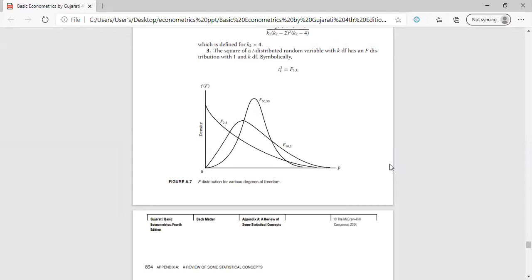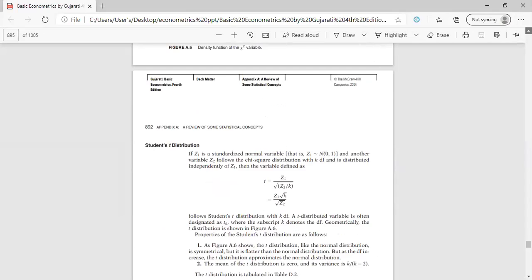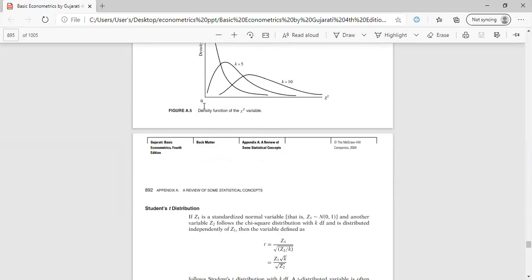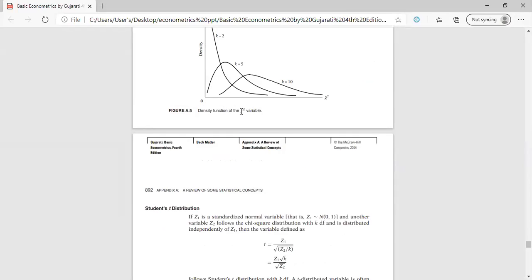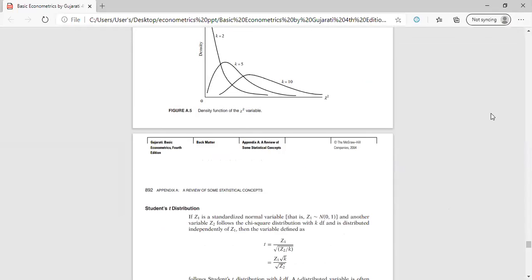What about chi-square? Chi-square is also asymmetric, starting from 0 to positive infinity. Okay, this is a chi-square distribution. So basically, we will be using three: chi-square, T, F. Chi-square is asymmetric, starting from 0 going up to infinity.